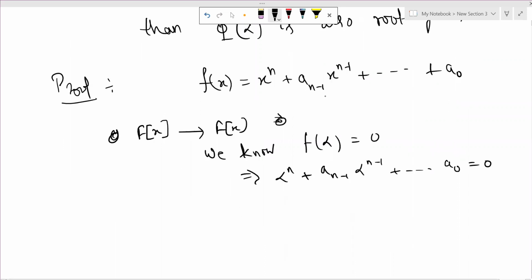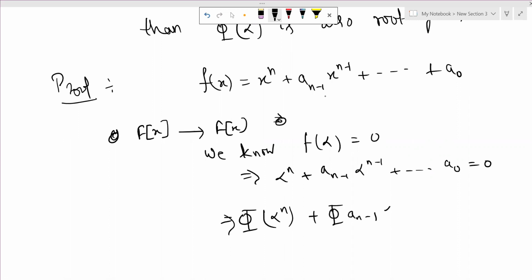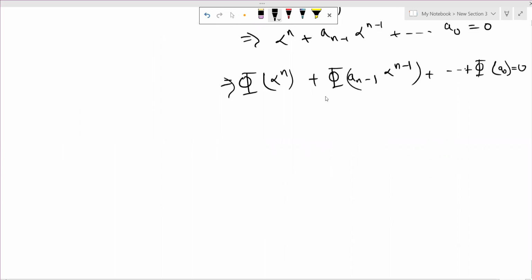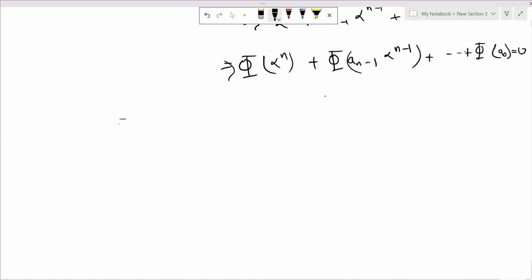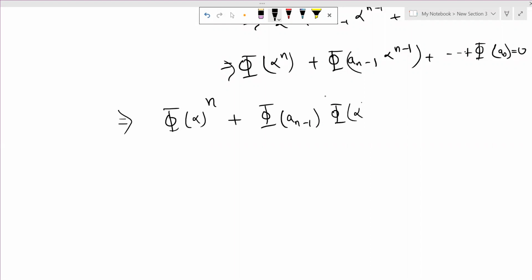So what? Apply phi to this one. This implies phi(alpha)^n + phi(a_{n-1}) phi(alpha)^{n-1} + ... + phi(a_0) = 0.